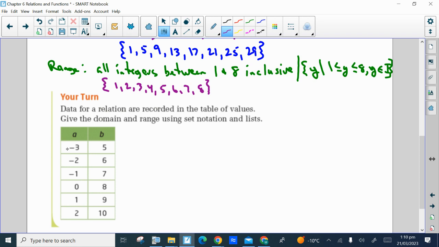So the reason you can use set notation is because they are consecutive. So for our domain, using set notation, we could say all values of x such that x is greater than or equal to -3, less than or equal to 2, and x is an element of integers.